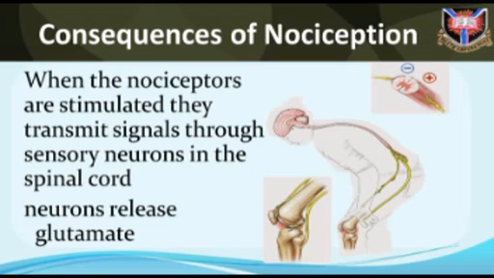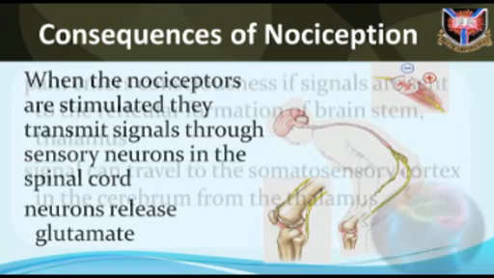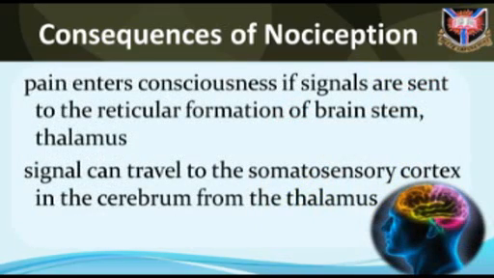If the signals are sent to the reticular formation of the brainstem and thalamus, then pain enters consciousness, but in a dull, poorly localized manner. From the thalamus, the signal can travel to the somatosensory cortex in the cerebrum, where the pain is experienced as localized and having more specific qualities.